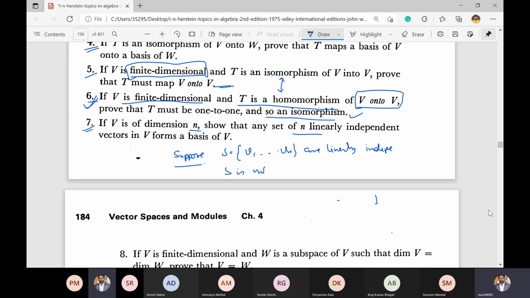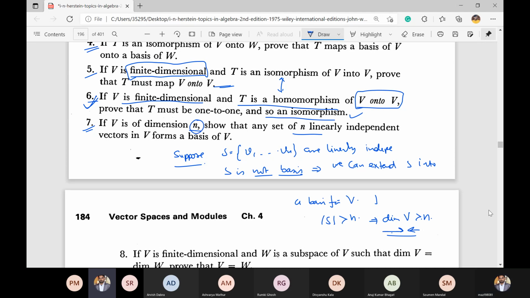If S is not a basis, then by the extension theorem we can extend S into a basis for V. This implies the cardinality of S must be greater than n, and this implies the dimension of V becomes greater than n, which is a contradiction, because it is given that V is of dimension n.